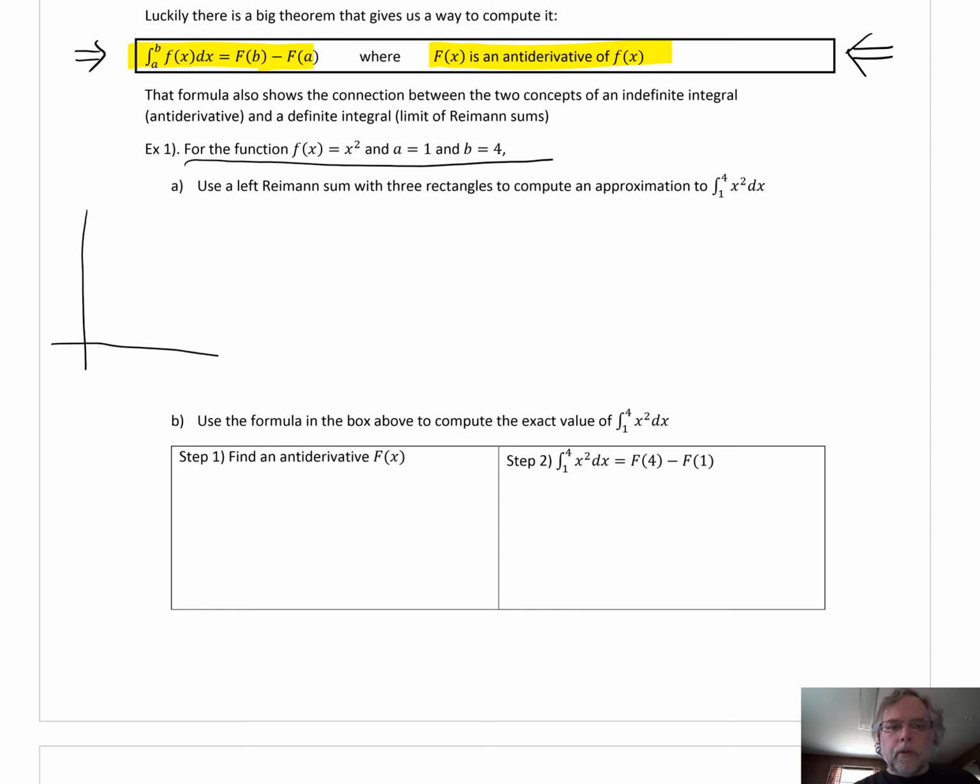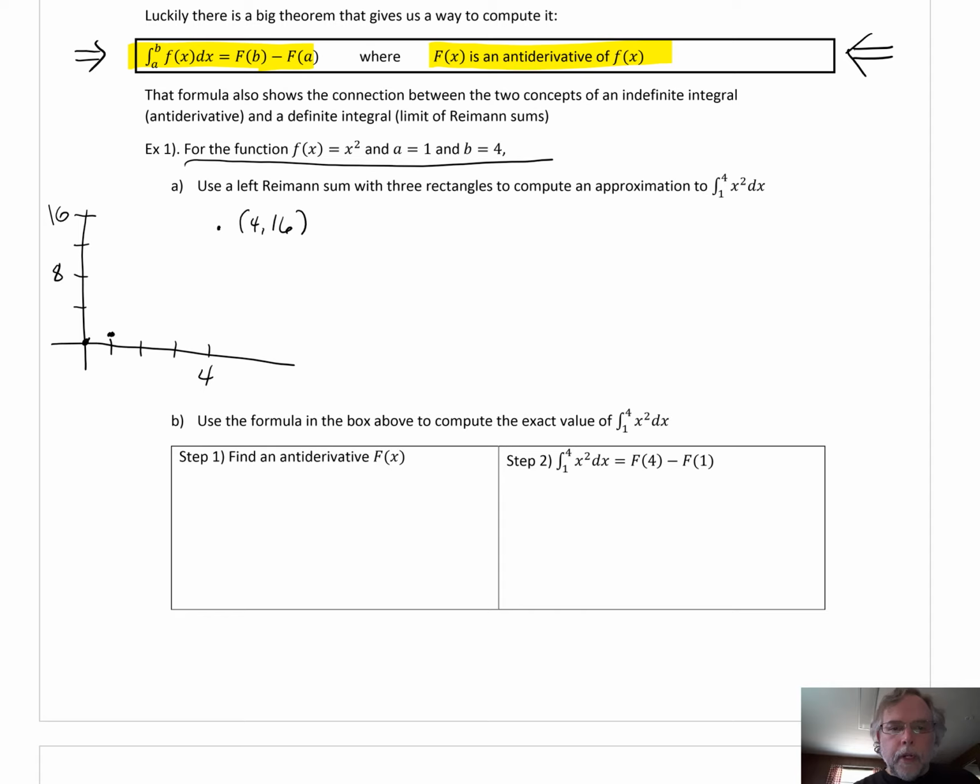We've got our friend x squared as a function. We're going from 1 to 4. So put 1, 2, 3, 4. x squared is pretty easy to work with. We're going to have this point right here would be 4 comma 16, if I make axes like that, and then I'll have a 1, 1.